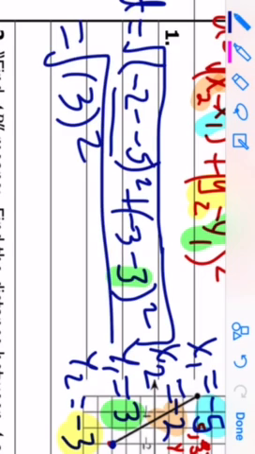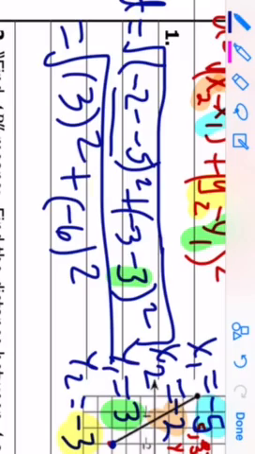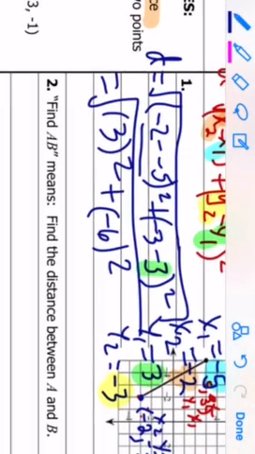So we're going to do our parentheses first and then our exponents. Negative 2 minus negative 5, that becomes a plus 5, so that's 3. Then negative 3 minus 3 is, oh sorry, negative 6. So we have 3 squared plus negative 6 squared, so we got to do our exponents, and then we will square root at the end.